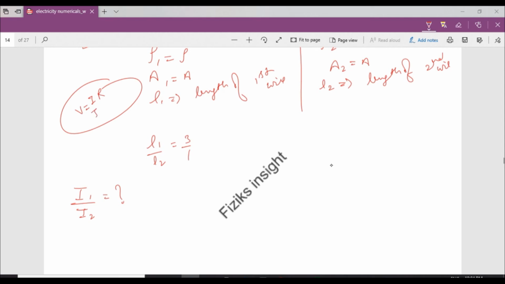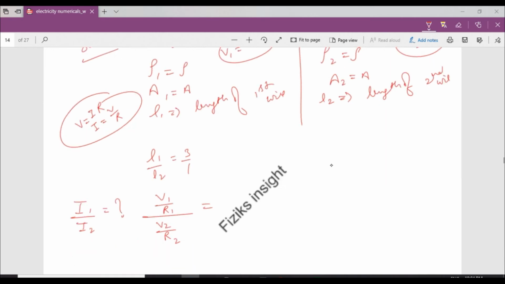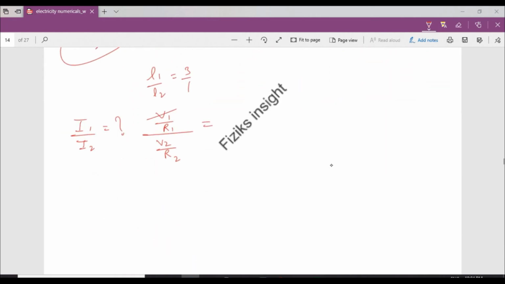So I can be written as V upon R. So I1 can be written as V1 upon R1 and I2 can be written as V2 upon R2. As V1 is equals to V2, same potentials, both V1 and V2 will get cancelled out. So we can write it as R2 upon R1.